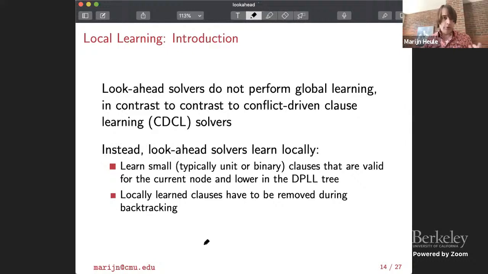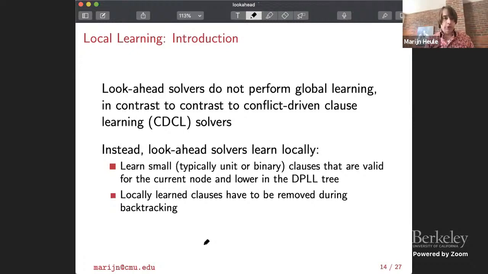So what CDCL is doing is it hits a conflict and adds a clause to the formula, and this clause is logically implied by the formula. Look ahead is not doing any of this kind of global learning. The clauses that are added are only valid for that node of the search and all its children.